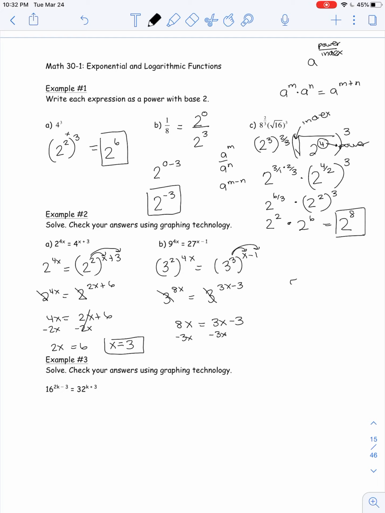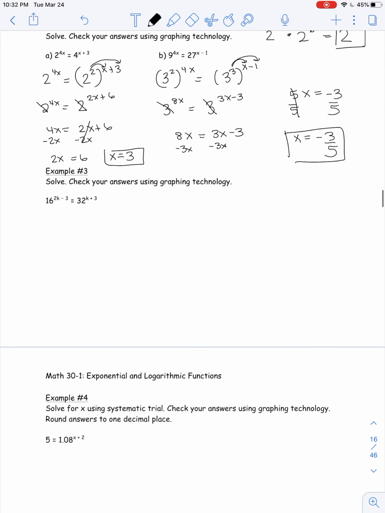Subtract 3x on both sides, which gives me 5x equals negative 3, and then divide both sides by 5. So I'm going to leave my answer as a fraction. So I'm going to say x is equal to negative 3 over 5. Done.